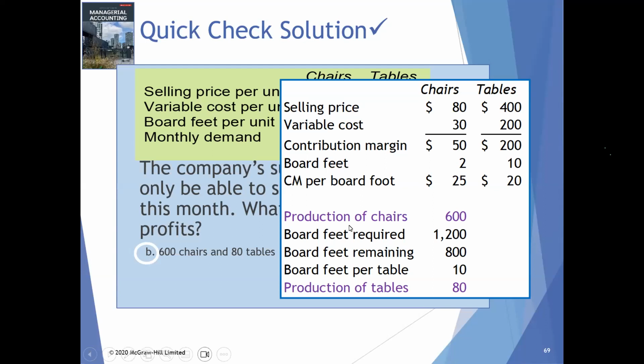So in this case, production of chairs is 600, and board feet required is 1200, and board feet remaining will be 800, and board feet per table will be 10, and production of tables will be 80.